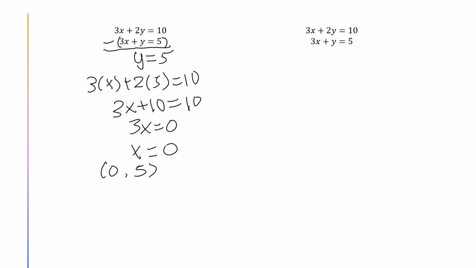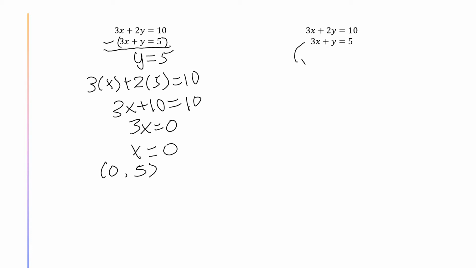But what if we want to solve for x and eliminate y instead? Well, notice how 2y and y are obviously not equal. So in order to solve this, we need to find a common multiple of both. The common multiple of 1y and 2y would just be 2y.